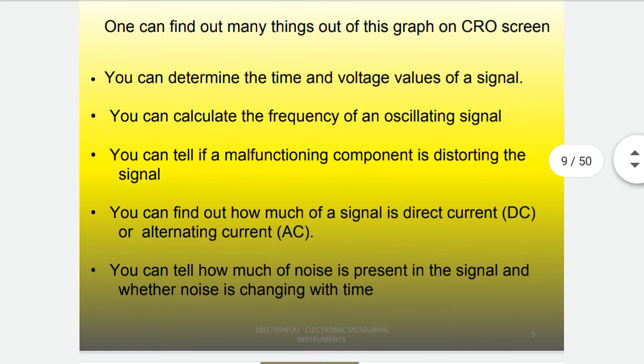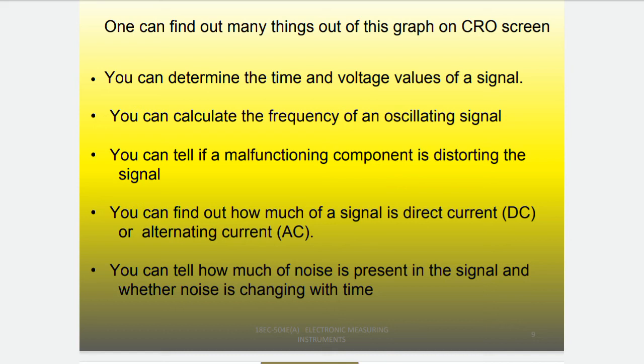You can tell if a malfunctioning component is distorting the signal, that is, the CRO can be used to test the component also. If the component is malfunctioning, it can show the distorted signal.